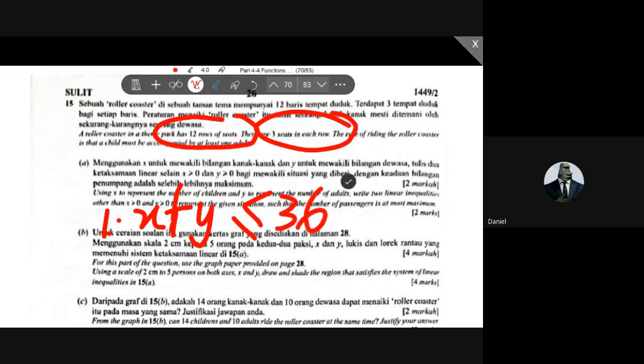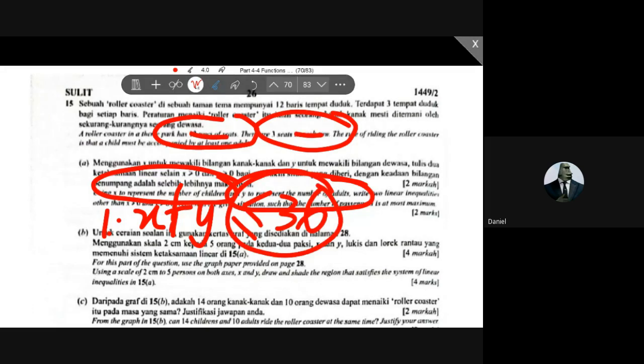Okay, so macam mana kamu dapat jawapan tu? How do you get this answer? Mereka dah cakap kat sini, X represent bilangan kanak-kanak, Y represent the number of adults, bilangan dewasa. So jumlah kedua-dua tu akan maksimum dia 36 sebab in this train, there's 12 seats, 3 baris setiap row. So jumlah 36. So that's how you get X plus Y less than or equal to 36.